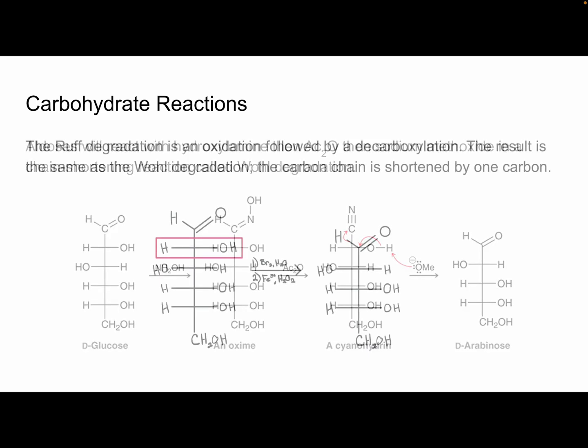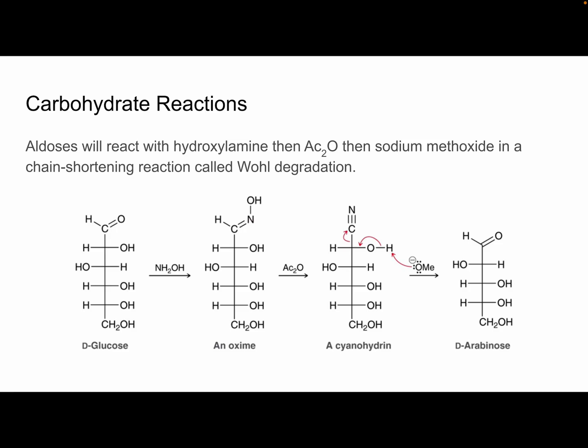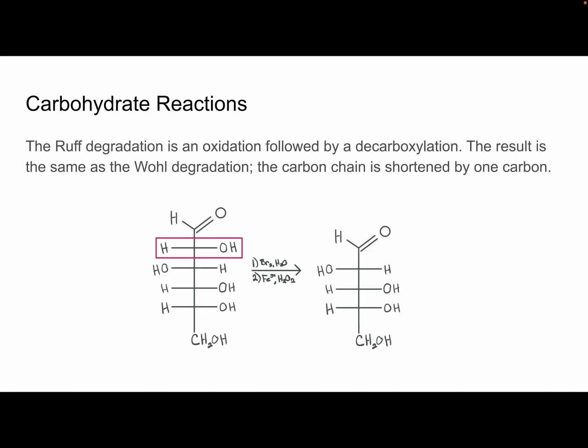On the next picture, it's the same type of idea. This one's called the Ruff degradation. The last one was the Wohl degradation. This is just a different set of reagents. What you're really doing is cutting off the aldehyde, and then the next alcohol group is becoming the OH. But when I'm looking at these, it's a lot easier for me to just pluck out the top line. You're shortening your chain by one carbon.